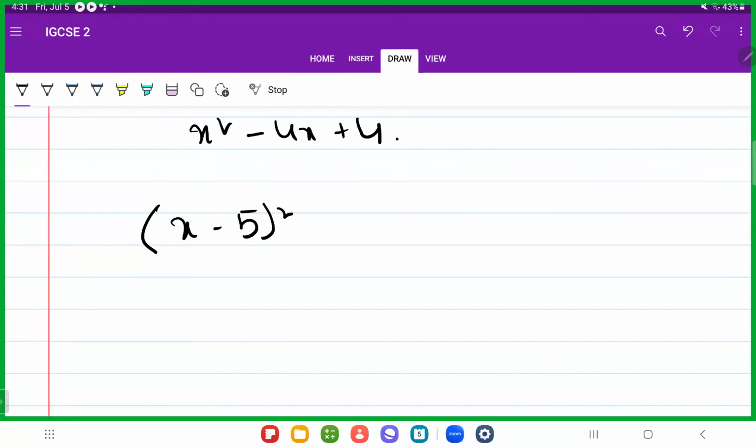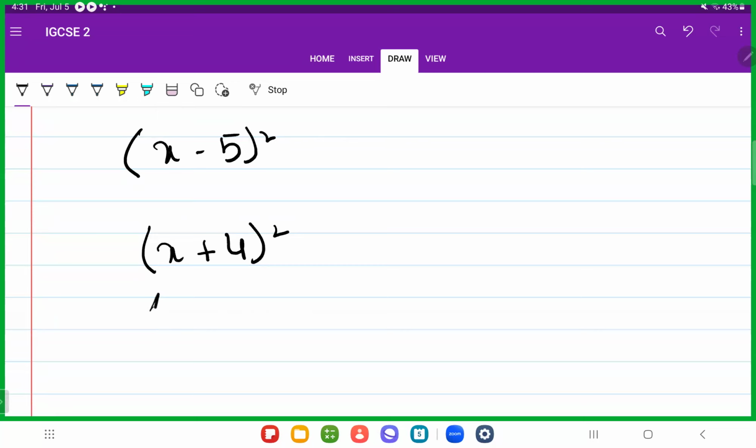Please tell me the full form of both of them. I'm giving 3, wait. Please do this one.